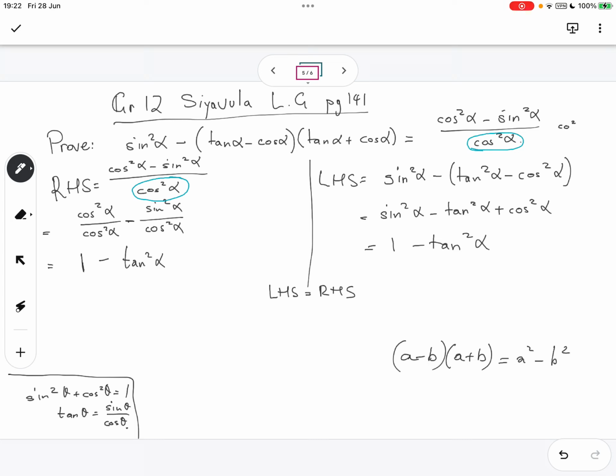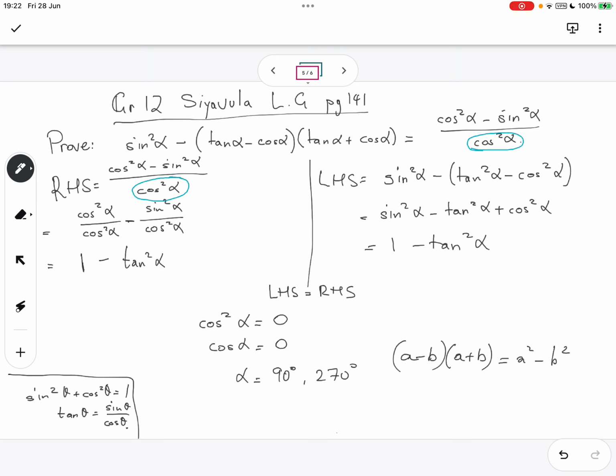So cos squared of alpha, we need to look at where it equals 0. So where does cos squared of alpha equal 0? Cos alpha equals 0 where alpha equals 90 degrees or 270 degrees.